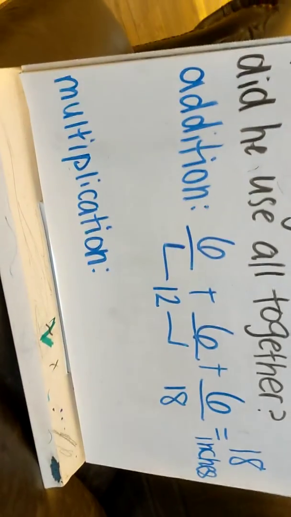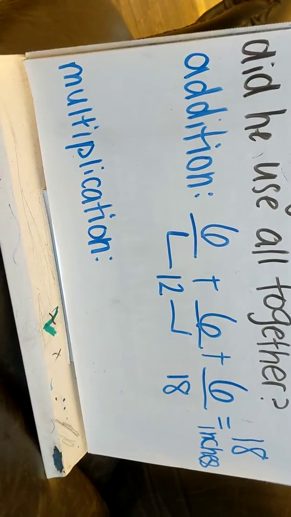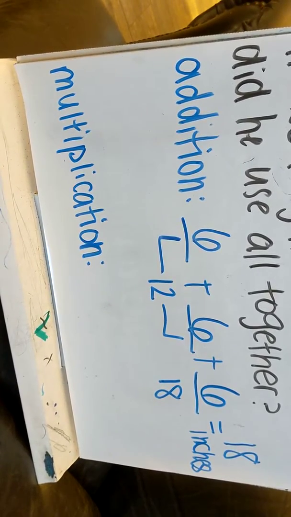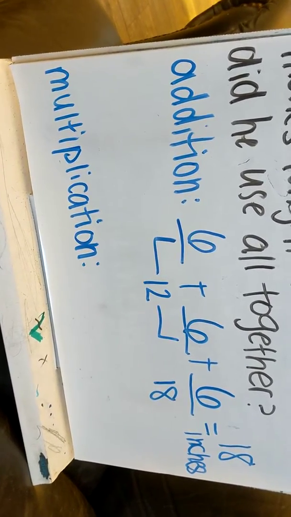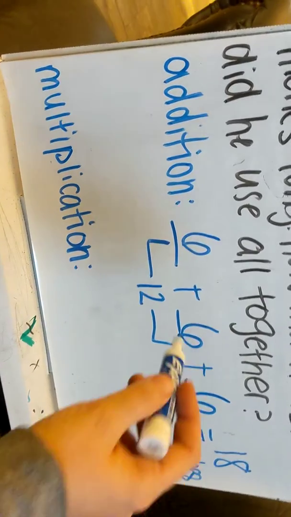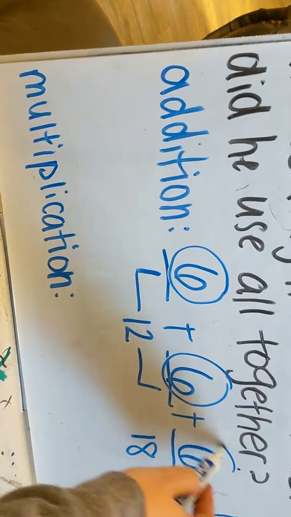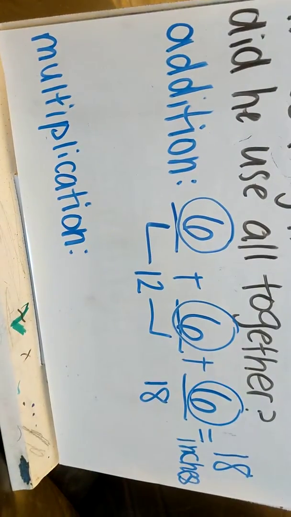But I said there's also a way that you could solve this through multiplication. Multiplication is really just adding over and over and over again. So this would actually be 1, 2, 3 groups of 6. Okay?